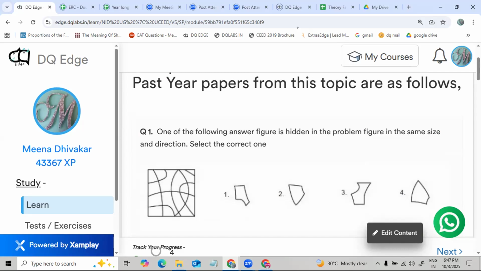The tail is short in the answer. Very good. Then why not 2? The figure in option 2 is much broader than the question figure. What about option 4? 4 is also not possible. Only 3 is correct.